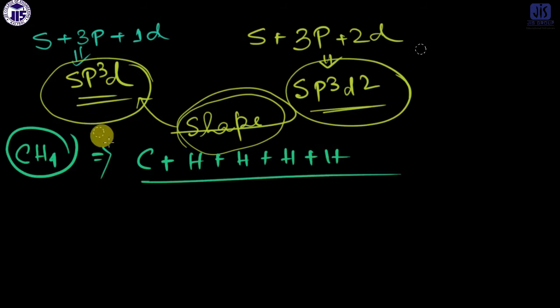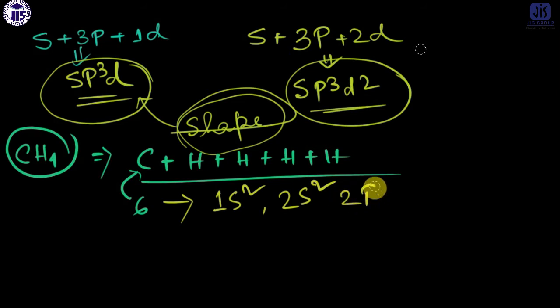Now what is the atomic number of carbon? The atomic number of carbon is 6. So we can write the electronic configuration this way: 1s2, 2s2, 2p4.